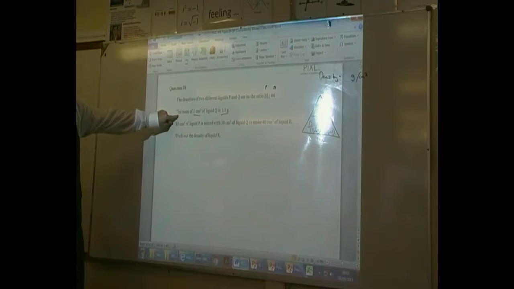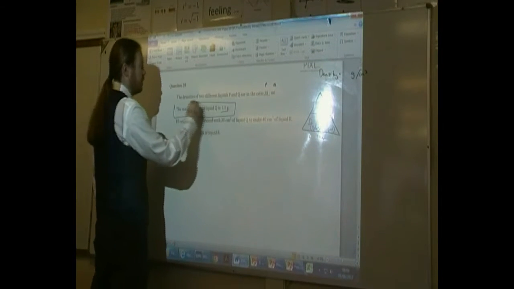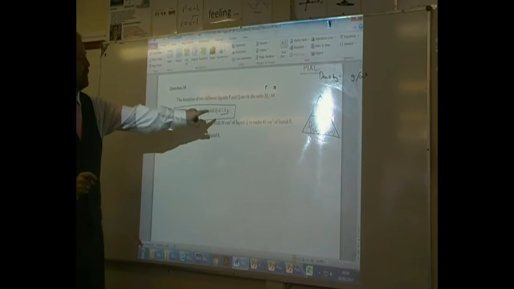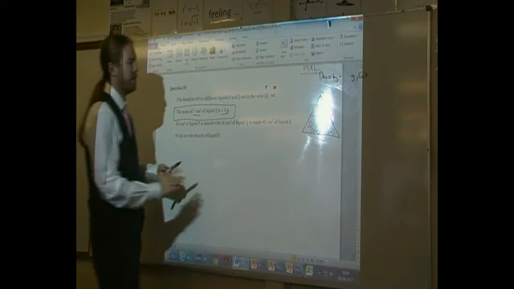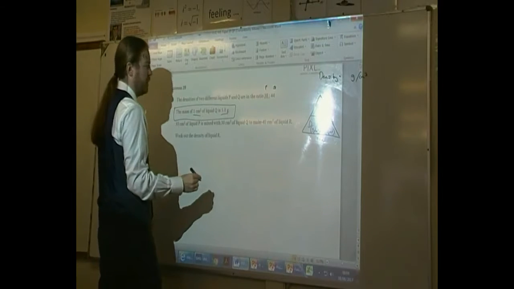So the first thing I want to do is work out the density of liquid Q, which they've made really easy. It's going to be the mass, which is 1.1 grams, divided by, because we're trying to find the density, cover up the density, grams divided by centimetres cubed.